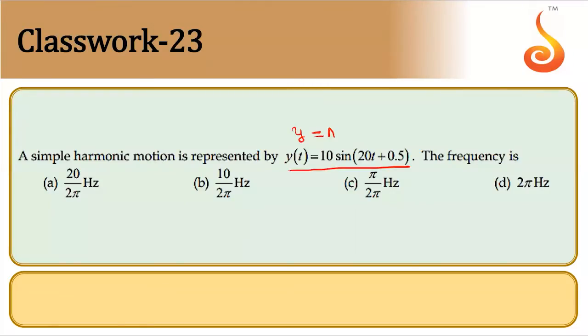Standard form is y equals a sine of omega t plus phi. So in the place of omega, that is coefficient of t, is 20. So omega is equal to 20. Omega is 2 pi f, that is 20. So f should be equal to 20 by 2 pi hertz. So option is A.